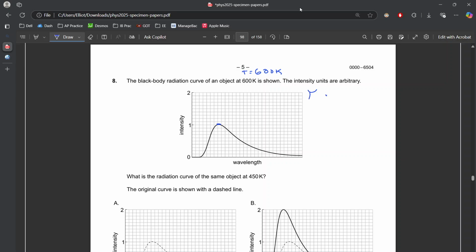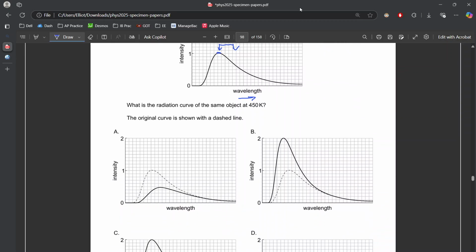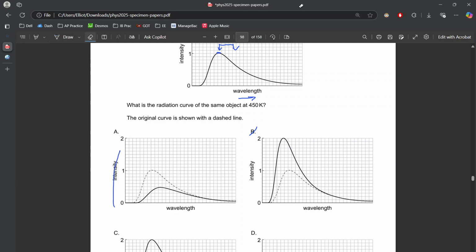The temperature is inversely proportional. That relationship was right, which should just mean, now that I'm actually thinking about it, this location is actually going to move over this way, because you see this is the wavelength axis. See, pay attention to your graph, guys. Okay, so now we can delete that. Oh, that's not what I meant to do.